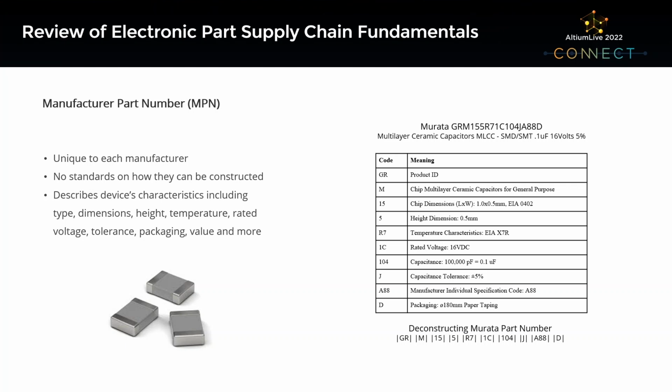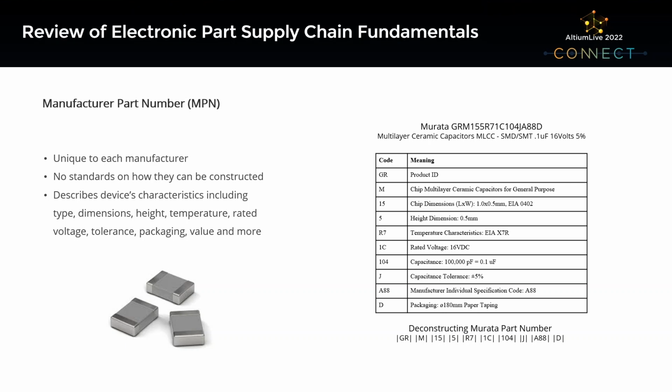Manufacturer part number, or MPN. This is unique to each manufacturer and unique to each part from that manufacturer. There's no standards on how they can be constructed. It describes the device's characteristics, including type, dimensions, height, temperature, rated voltage, tolerance, packaging. You know the drill. We've all been through this before.